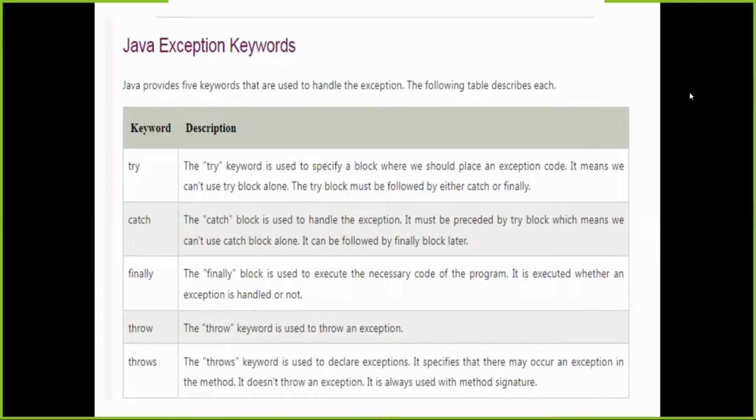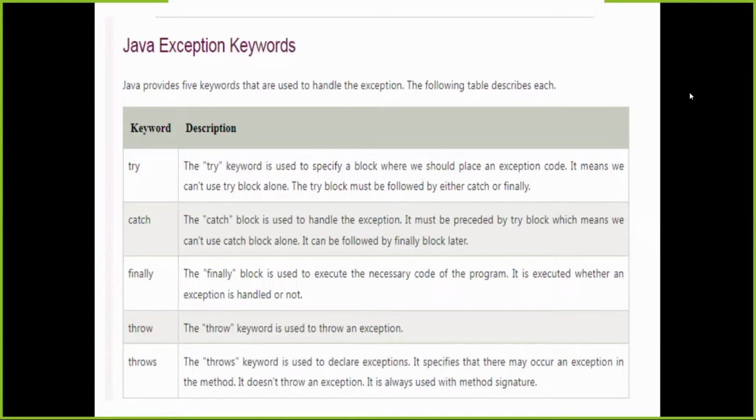Whereas throws keyword, it is used to declare an exception. It specifies that there may occur an exception in the method. It does not throw an exception. It is always used with method signature.